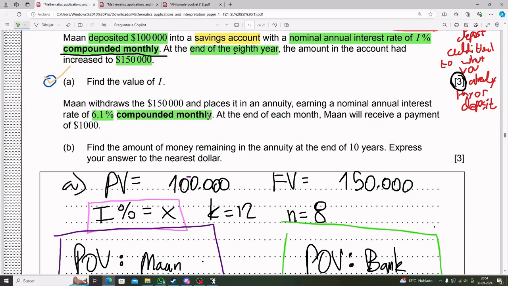We already know that it's compounded monthly. And additionally, at the end of each month, my man will receive a payment of $1,000. So this additional payment means I have a PMT of 1,000. And we need to find the amount of money remaining in the annuity at the end of 10 years and express your answer to the nearest dollar.